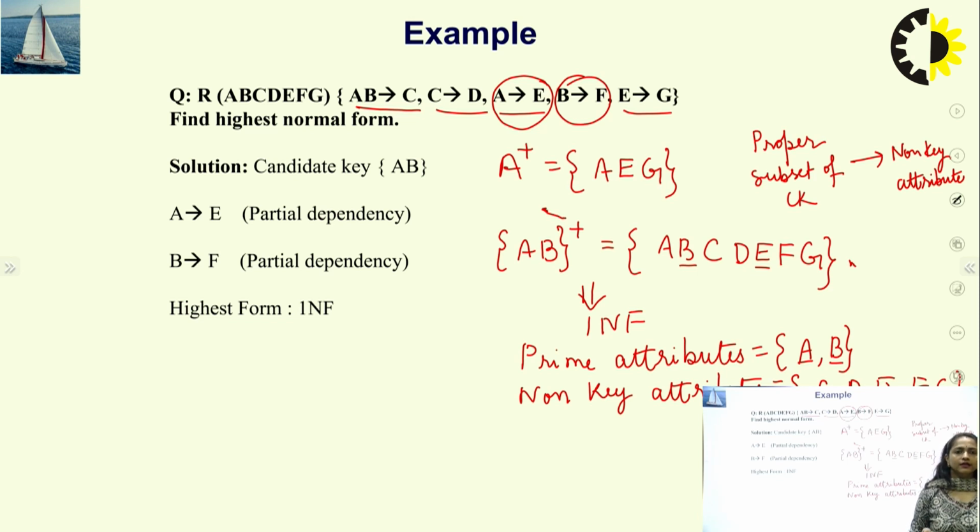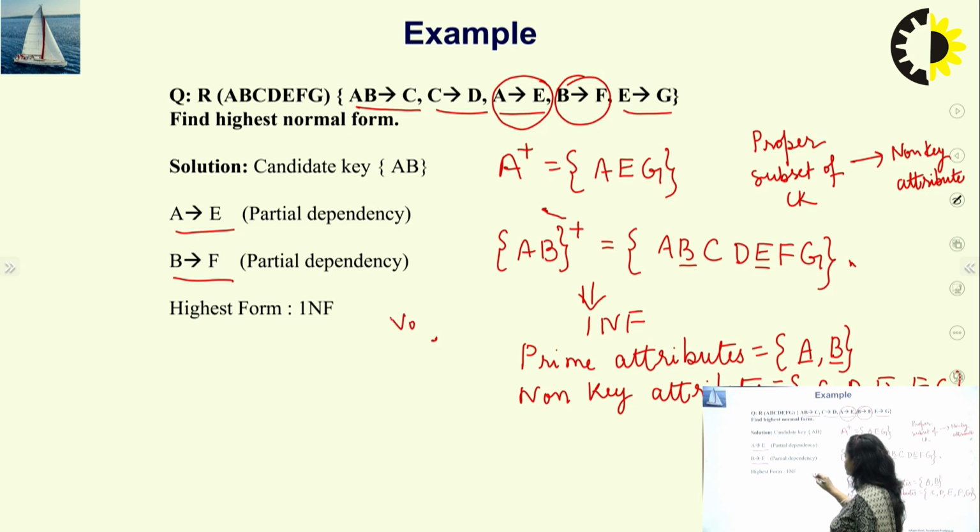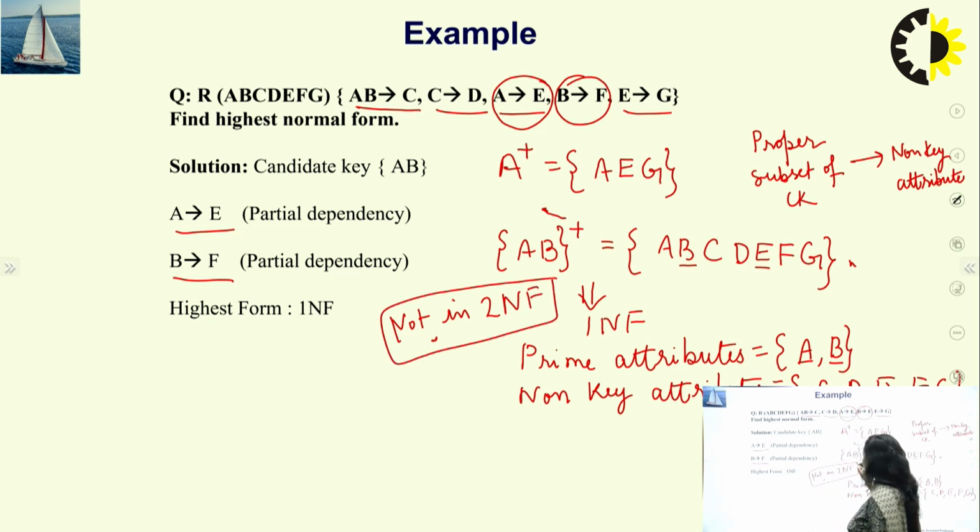So there is a partial dependency, A to E and B to F. So this given relation is not in second normal form. So the highest normal form is first normal form. I hope you understand this.